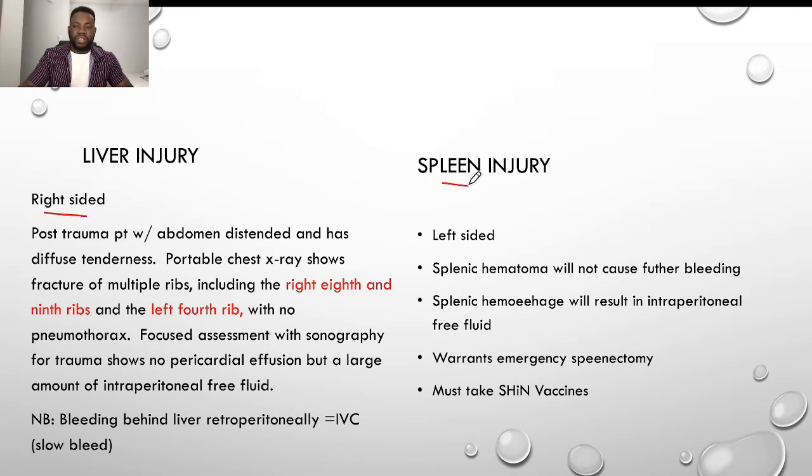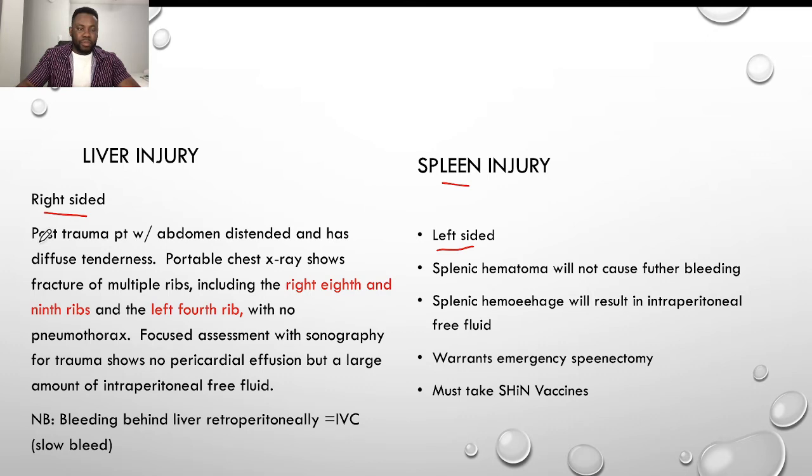And if it's a splenic injury, the trauma is going to be mostly to the left side of the patient. But sometimes they give you the presentation and tell you that they have a rib fracture. Bear in mind that the spleen is not in the thorax. So if there's a rib fracture, it's not going to affect the spleen.